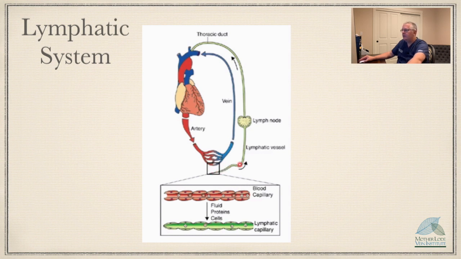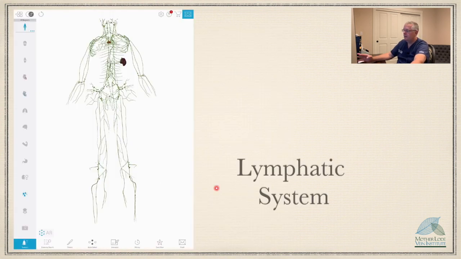Then that lymphatic fluid goes up and filters through the lymph nodes. Obviously, if you've had surgery and those lymph nodes removed, you can see that's a problem. The fluid continues to go up and empties into the venous system at the confluence of this vein and this vein. So it's part of our circulatory system. It's important, but difficult to treat when it's damaged.